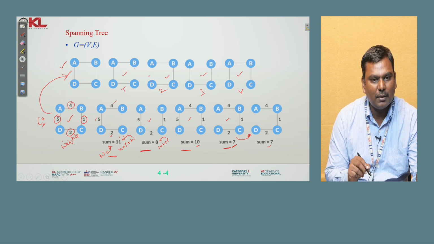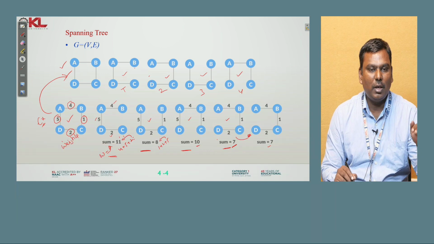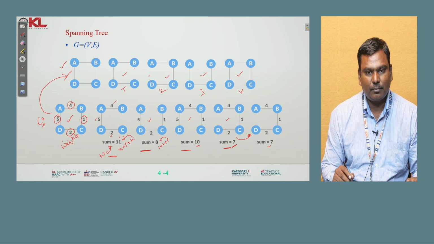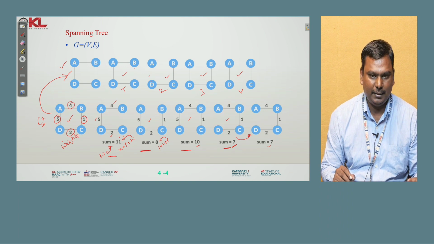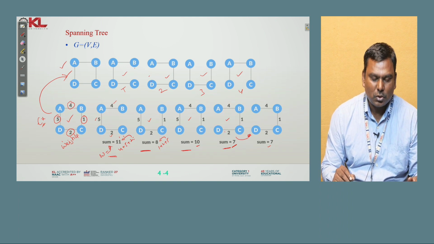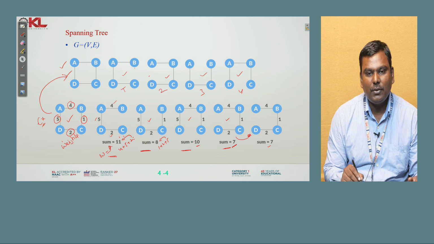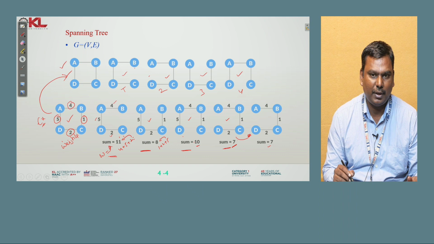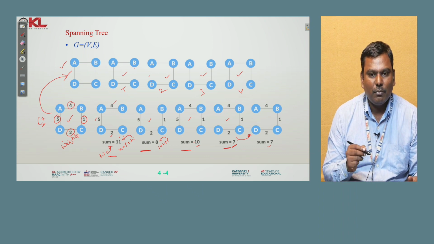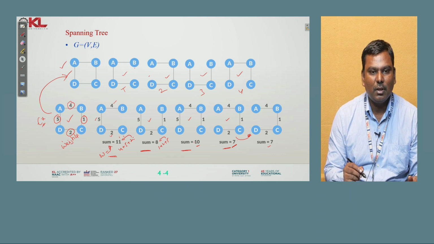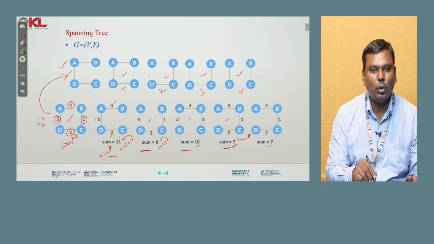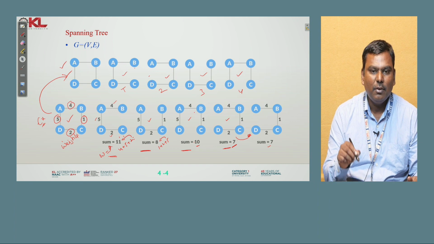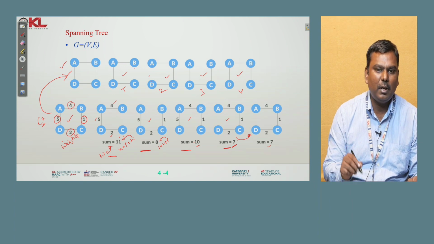Based upon these different weight values, next we go to the minimum cost spanning tree.